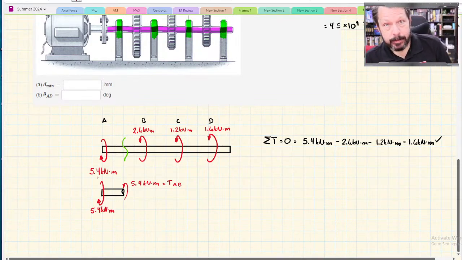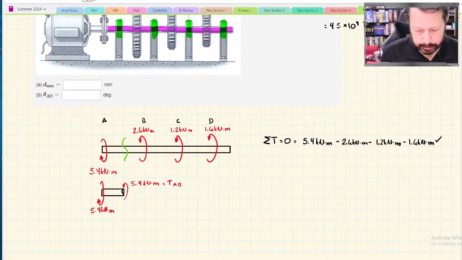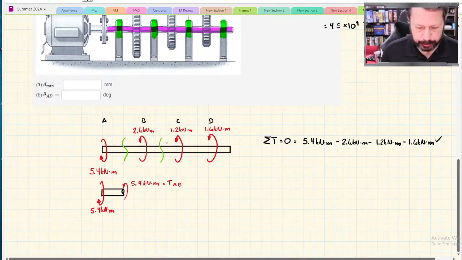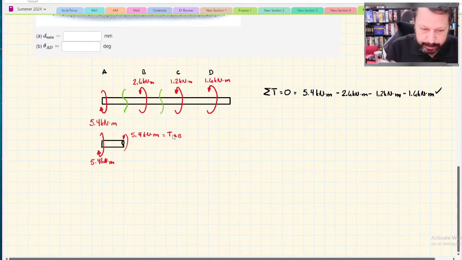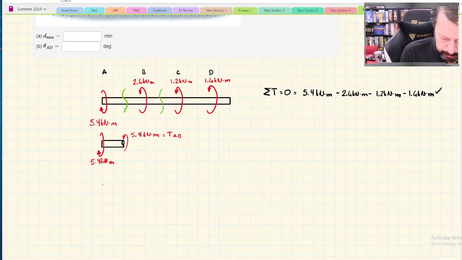So that's going to be the highest amount of torque. But if you're not convinced of that, then you take some more time and check section BC. You cut open BC and draw that free body diagram.